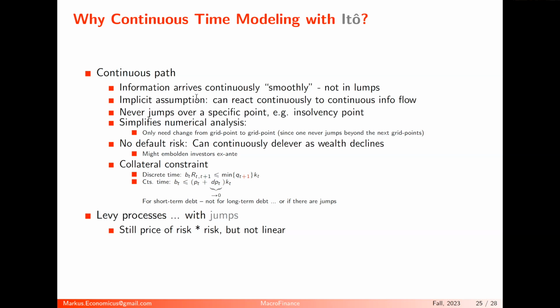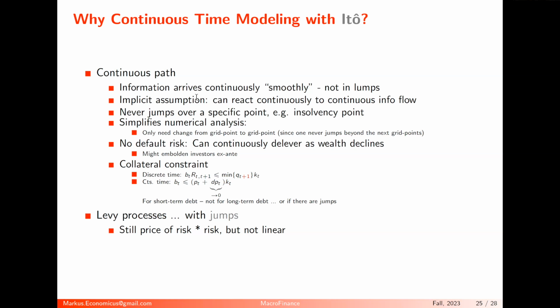There's always a tiny bit of information coming out, and you can always react to each tiny piece of information. If you think of a binomial tree, it could jump once, a big jump, or every millisecond it jumps a little bit, in tiny steps, and each time you can react to that. So you assume implicitly you can react all the time. This reaction is an assumption that might sometimes be a bad one. So just be aware, you make certain assumptions which might not be sound.